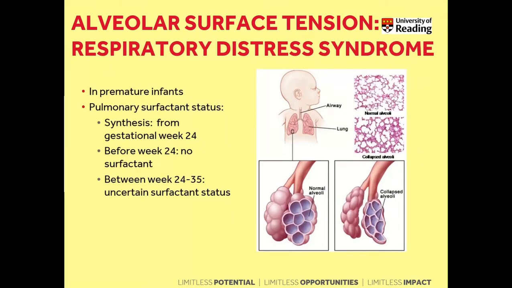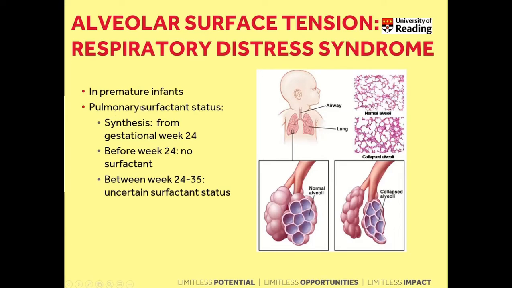What if there is no surfactant or not enough surfactant? Well, the alveoli can collapse. And this is something that you may have in premature infants that may suffer from respiratory distress syndrome. Why?